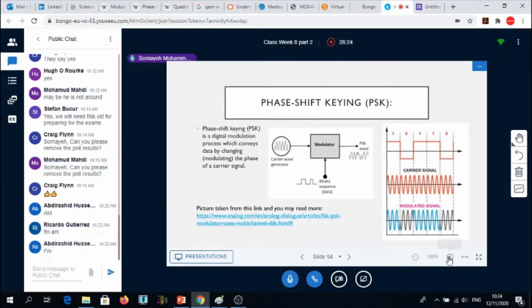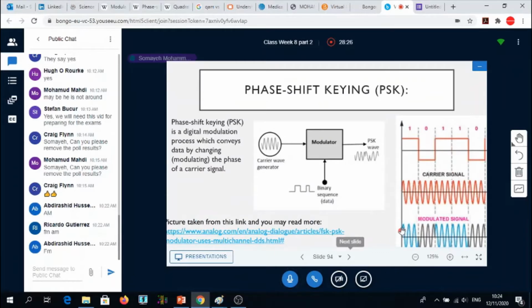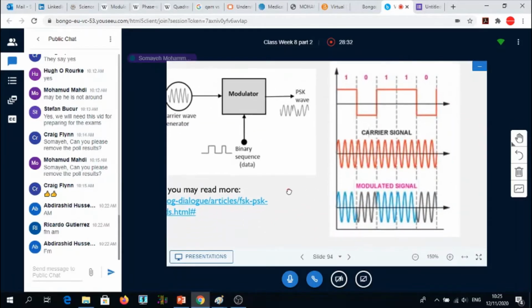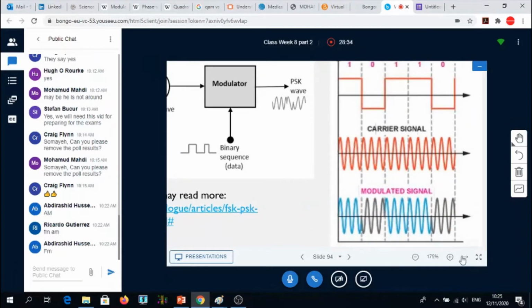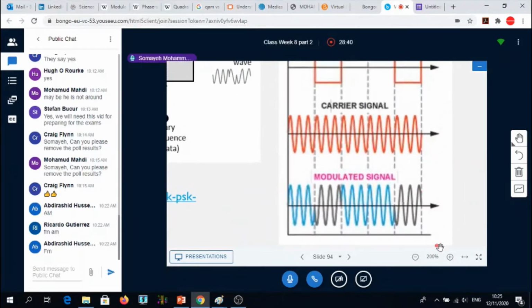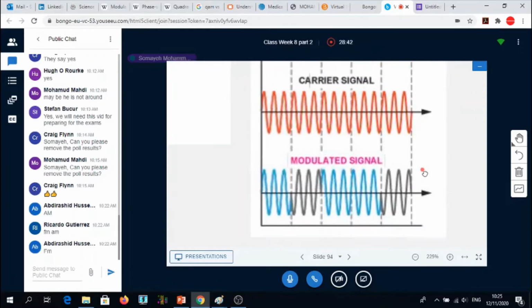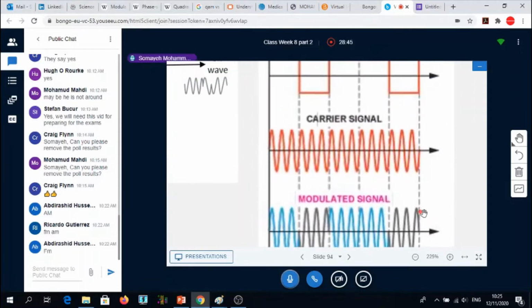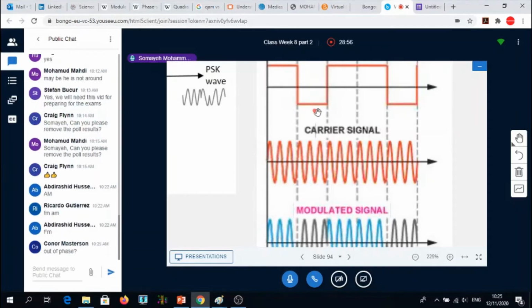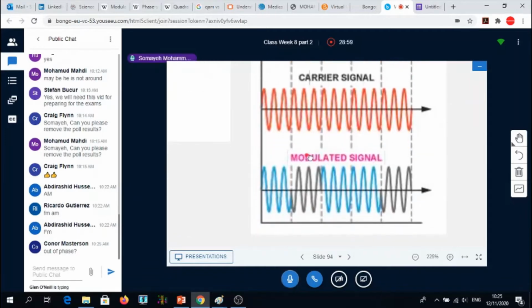And if you look closely, I'm going to zoom in. Can anyone notice what is happening to this signal? So at this point, the signal is dropping from the very highest point to the very lowest point. So it is dropping from positive to negative. So the phase of the carrier signal is being affected.